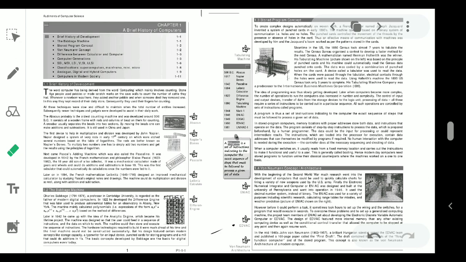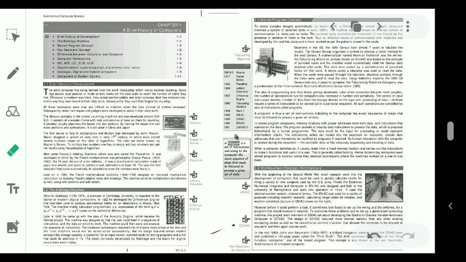Later, in 1842, he came up with the idea of the analytical engine, which became his lifetime project. This machine was designed so that the user can feed in a sequence of instructions and the data on which it can work.